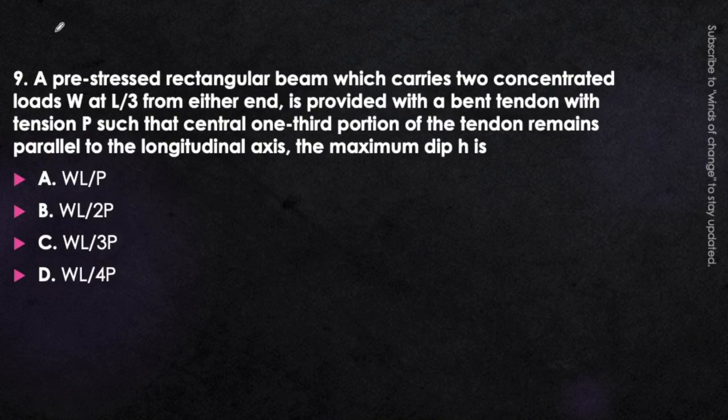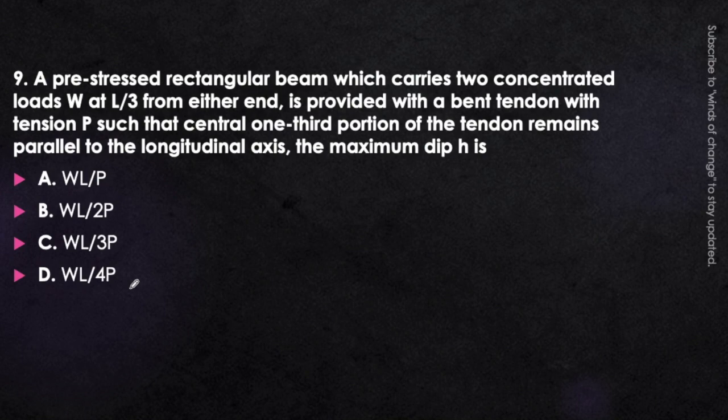Next question. A pre-stressed rectangular beam which carries two concentrated loads W at L by 3 from either end is provided with a bent tendon with tension P such that the central 1/3 portion of the tendon remains parallel to the longitudinal axis. The maximum dip H is WL upon P, WL upon 2P, WL upon 3P, or WL upon 4P. Just try to find out what the condition is here.